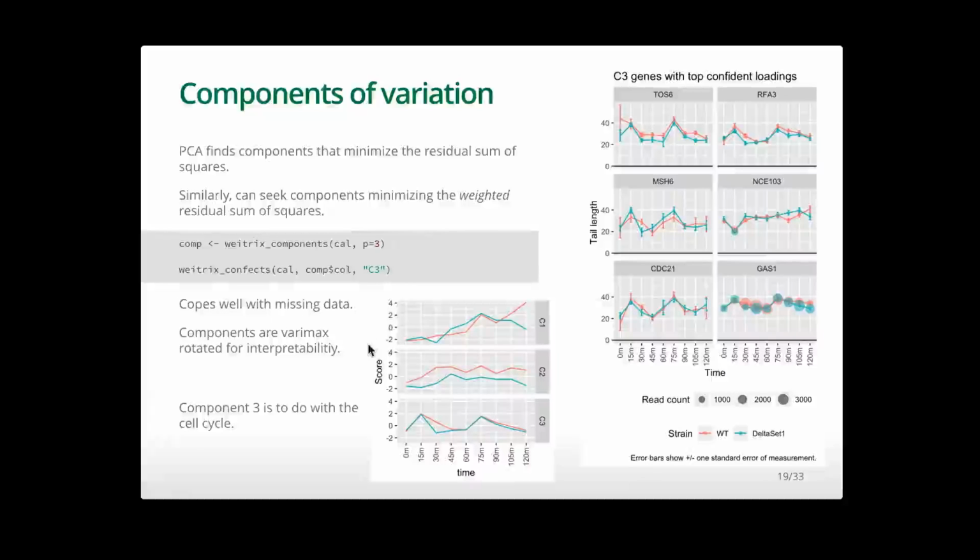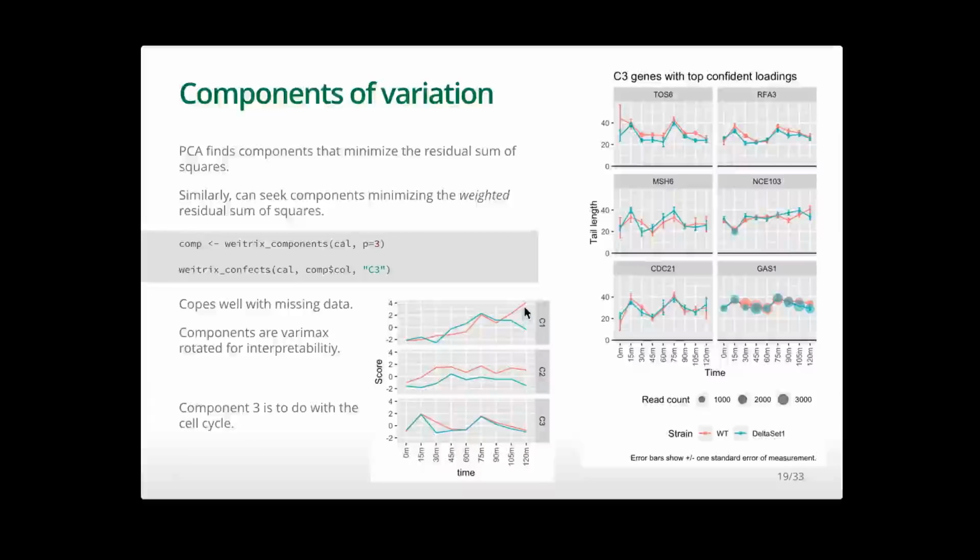So this is looking at the scores of the three components, plotted in a way that's comparing them to the experimental design. You can see it seems to be a pattern of increase or possibly decrease over time, difference between the strains, and then this third component, when I asked for 3 components, seems to be getting at the cell cycle.